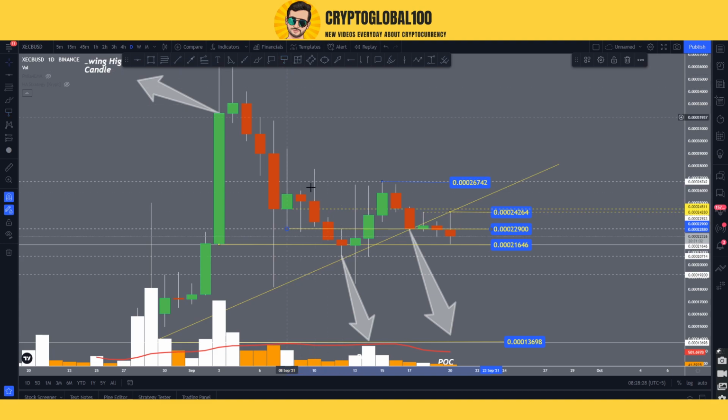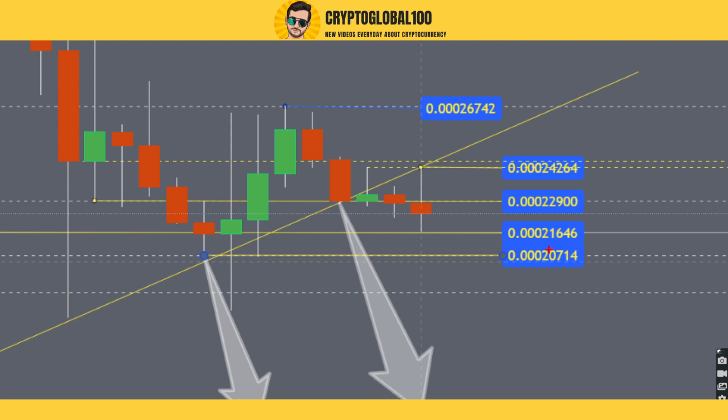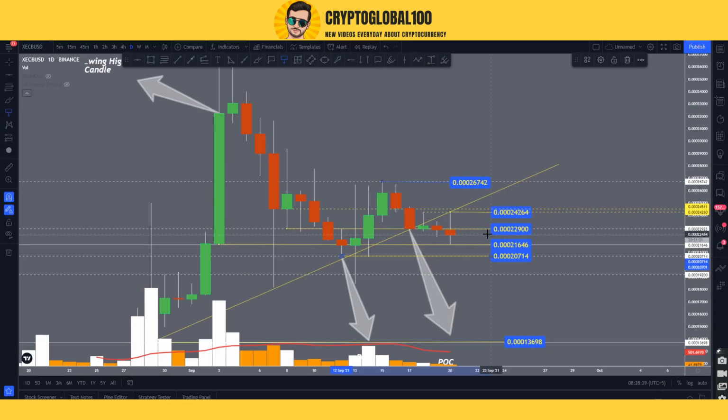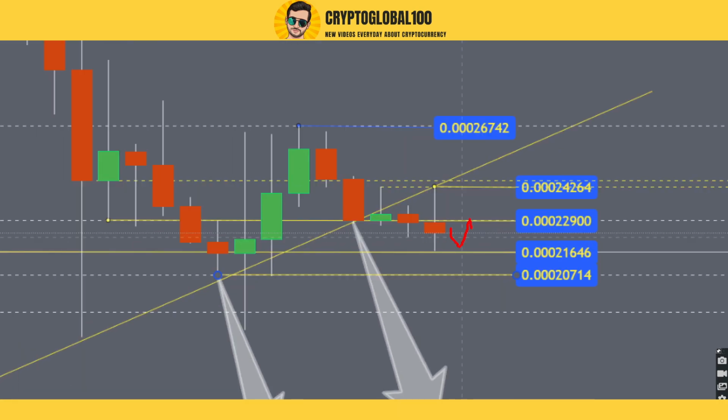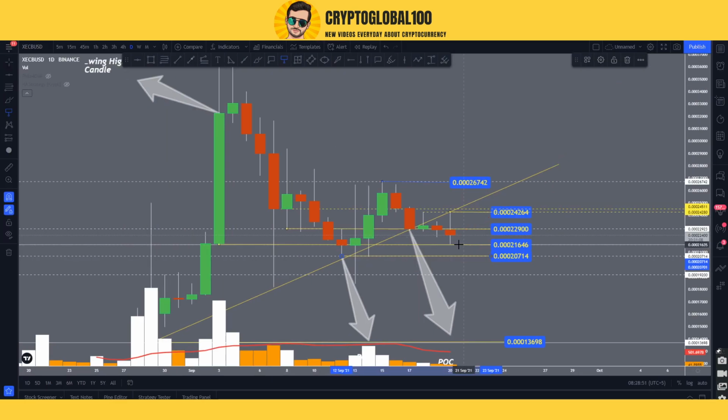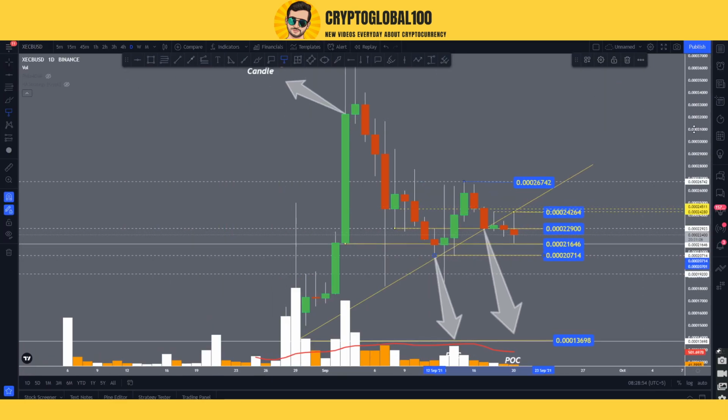So price might gonna retest at the level here. I'm doing the live analysis, that is why. Okay, it can do the retesting at 20714 if it closes below. Otherwise price has to stay at this level. It has to fluctuate in between, and then forming a strong support, we can break out in the future as well.